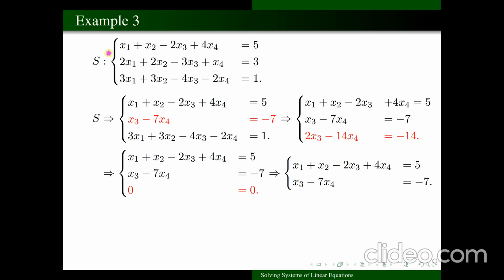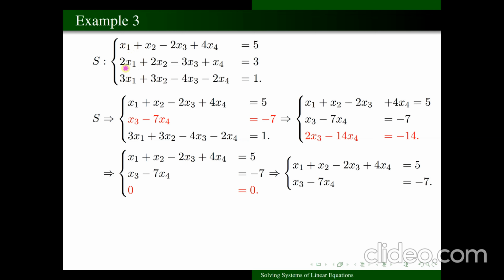A third example, consider the system S as shown with 3 equations and 4 variables. Again, we are done with the first equation. The first variable has coefficient 1, and we use that to eliminate x1 in the second and third equations.